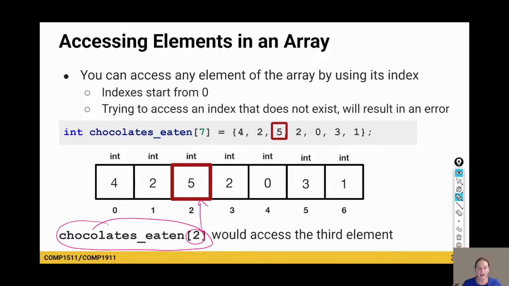And if I went to get the one out of index 6, it'd be the value 1, right?